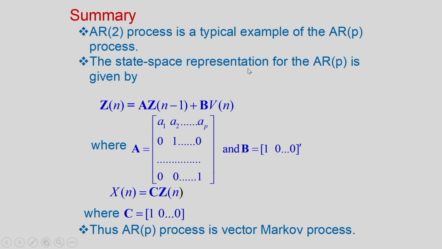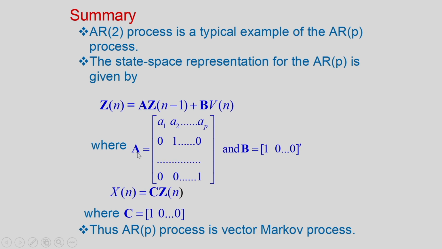The state space representation for an AR(P) process is given by Z[n] is equal to A Z[n minus 1] plus B V[n], where A is a P by P matrix given by this. This has the AR parameters a1, a2 up to aP in the first row, and the rest of the rows will contain 0 except 1, so there will be 1 in one place and the remaining places will be 0.